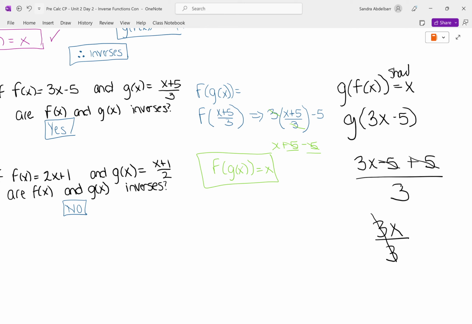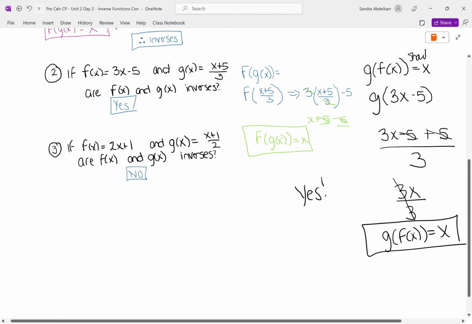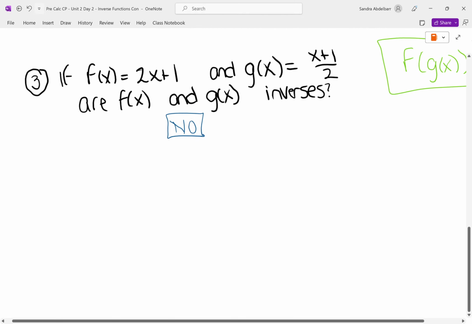When before I told you couldn't cancel out the 1's, but now I'm canceling out the 3's. Nico? Like signs, like dividing the terms. Good. This is still a monomial. It's the binomials or trinomials, the bigger ones. Once you add addition or subtraction signs you can't then just cross out a number or cross out one variable. So this shows that g of f of x is equal to x. So are they inverses? Absolutely. So that was number 2. Now let's look at number 3.